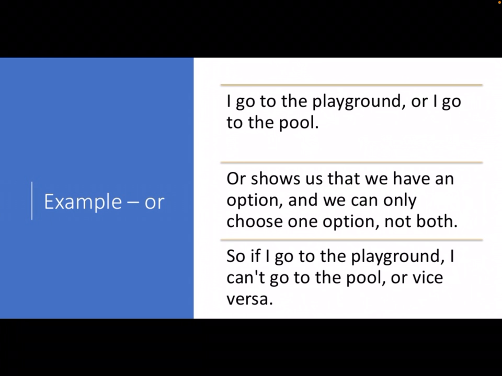I go to the playground or I go to the pool. يعني أنا ممكن أروح الملعب أو أروح المسبح. Okay, so this is when we use or. Or shows us that we have two options or more, ولازم نختار واحد من الأوبشن مش الاثنين.